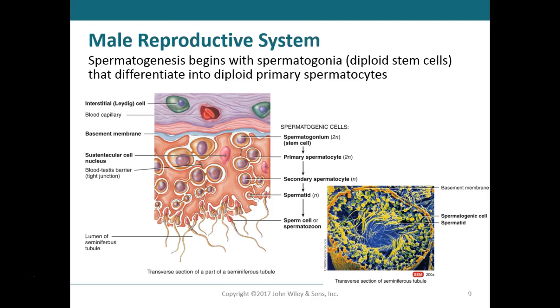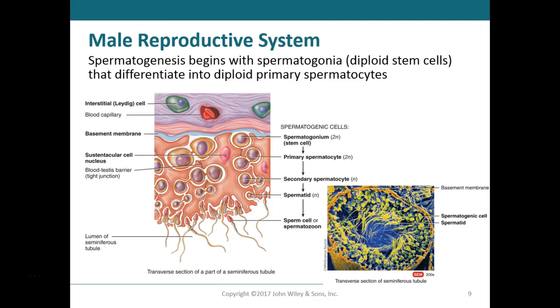The sustentacular cells support and protect the developing spermatogenic cells in several ways as well. They nourish the spermatocytes and the spermatids and the sperm. They phagocytize excess cytoplasm as the sperm development proceeds. They control the movements of the spermatogenic cells and release sperm into the lumen of the seminiferous tubule before storage and the final maturation process begins.